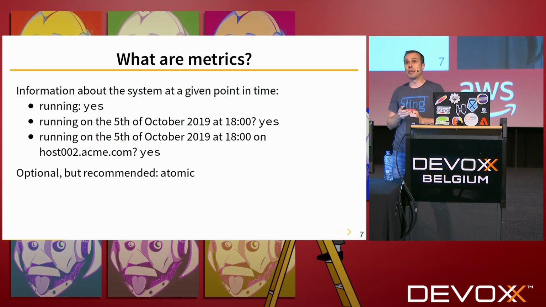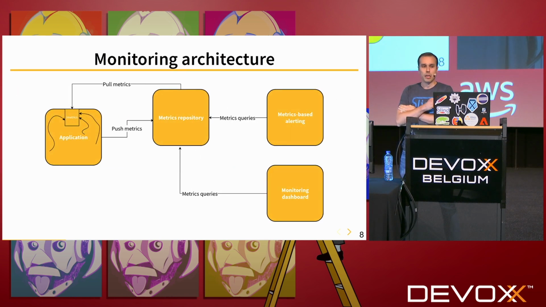Optional but highly recommended is that you make your metrics atomic. So if you have 2 metrics and you can calculate a third out of them, don't create a metric for that, just calculate it. Usually people do this for performance reasons, but there are ways around it. Don't compromise on the design of your metrics.